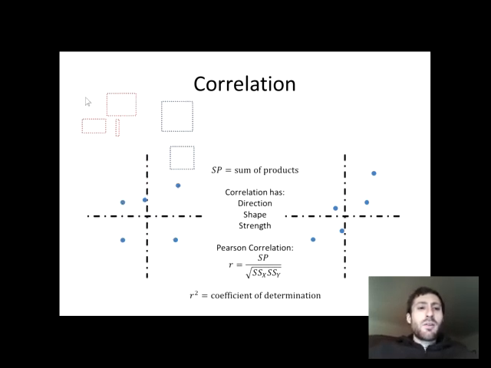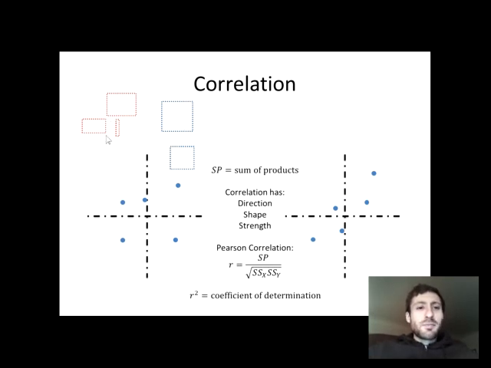You can see that all of the red rectangles represent negative numbers. I multiplied a negative by a positive or a positive by a negative. And all of the blue rectangles represent positive numbers. Those could happen for values in this quadrant or this quadrant. If I multiply two positive numbers, or if I multiply two negative numbers, in both situations I get a positive number.